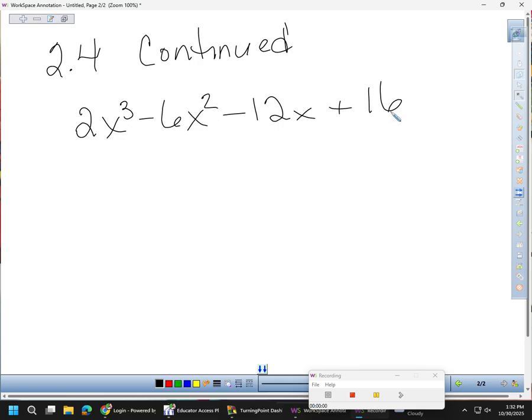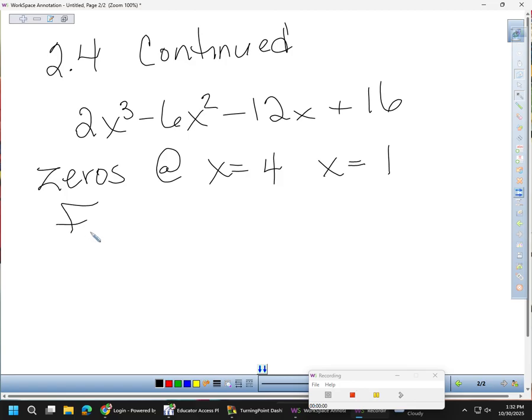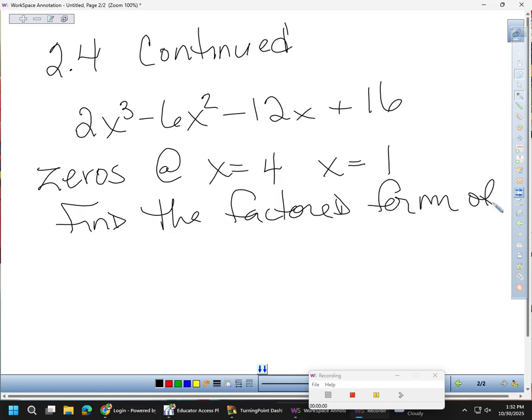Now, what if I told you that I knew 2 out of the 3 zeros? We have zeros at x equals, let's say 4, and x equals 1. And we want to find the factored form of the polynomial.